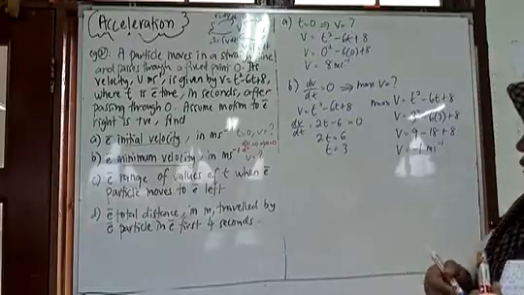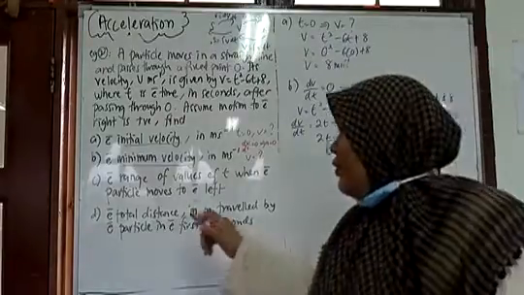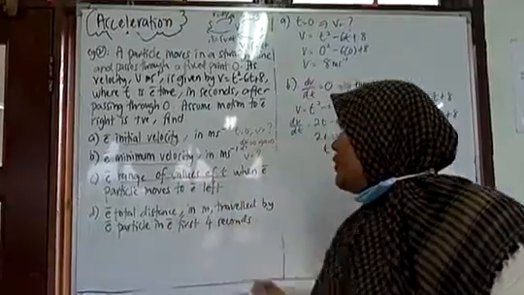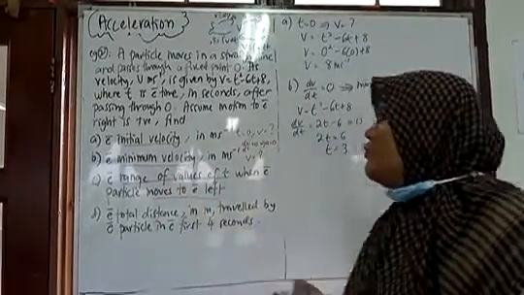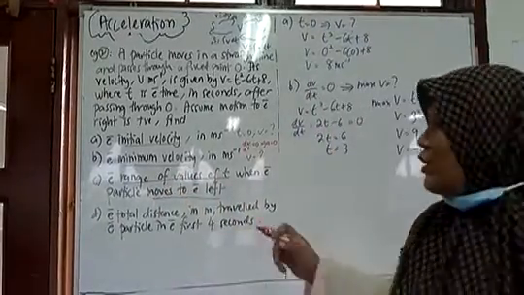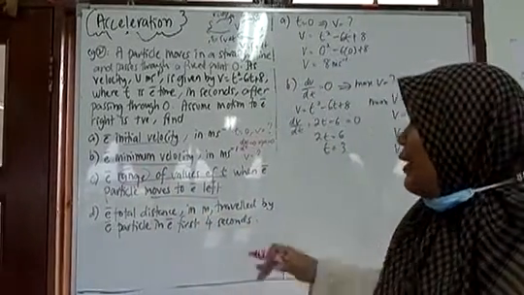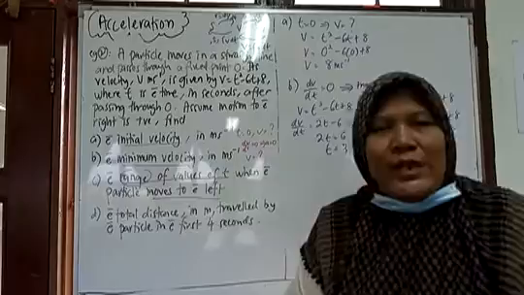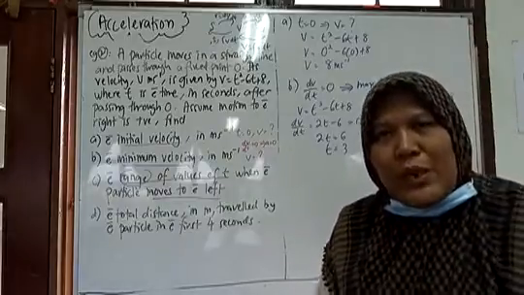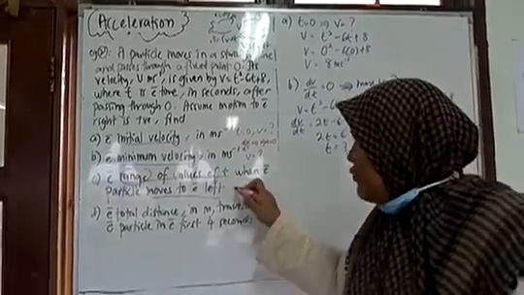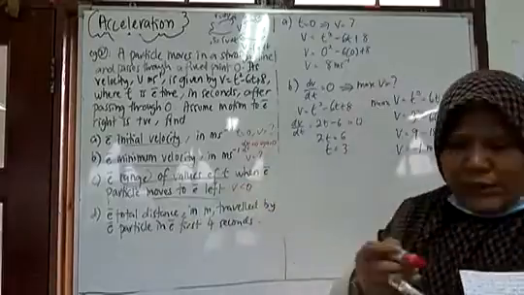Okay, so next C. Find the range of values of t when the particle moves to the left. When we talk about range, we are talking about inequalities. When the particle moves to the left, we are talking about velocity, so v is less than 0.